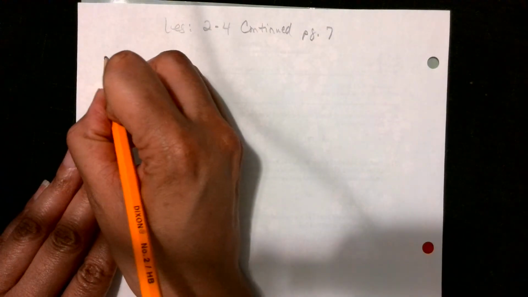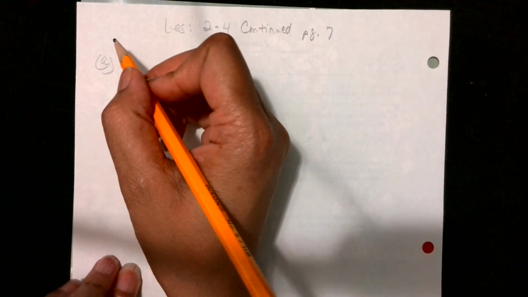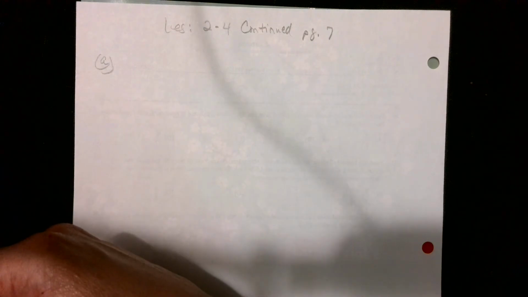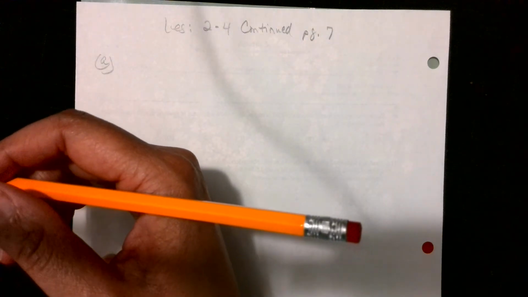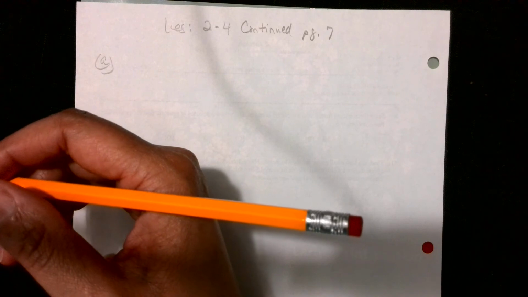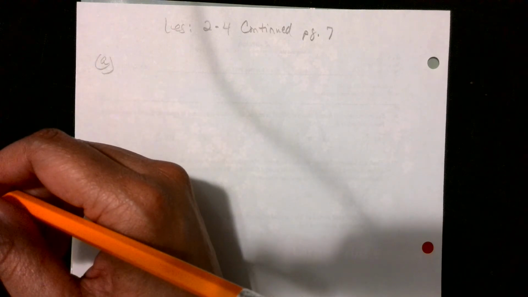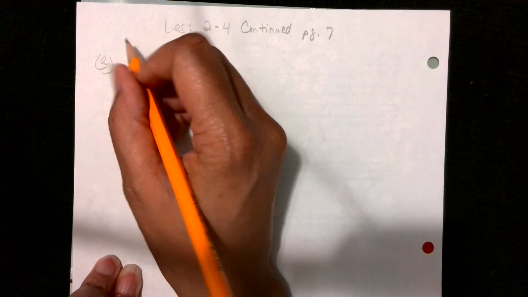So A, they're talking about national defense spending in 1990 through 2003. And it's in the billions of dollars. And so A says, find the average rate of change or the slope from 1990 to 1995.